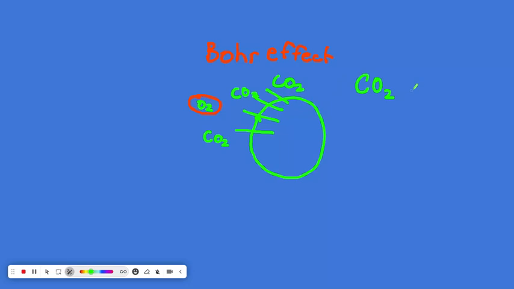CO2, carbon dioxide, will make the cell more acidic. And what this does then is the CO2 is released, the hemoglobin will then have an affinity to pick it up and release the oxygen. And then the oxygen, of course, will diffuse into the cell.